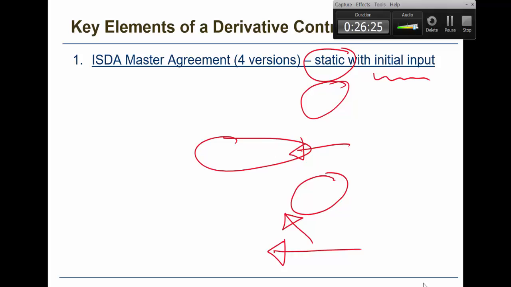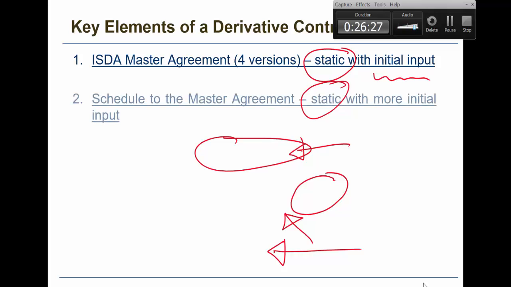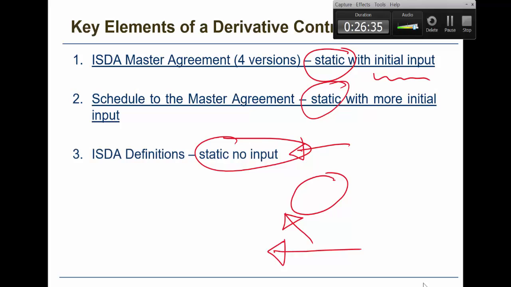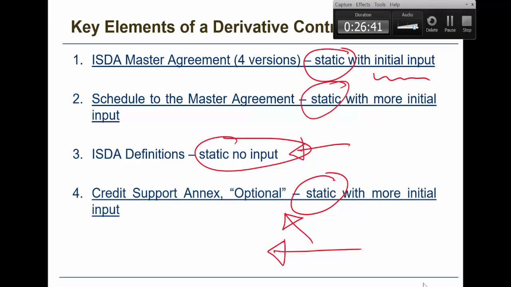There's the master agreement, the schedule to the master agreement, the ISDA definitions, the CSA, and finally, there is the confirmation itself. Now, let me show you all these things so you get an idea what I'm talking about.